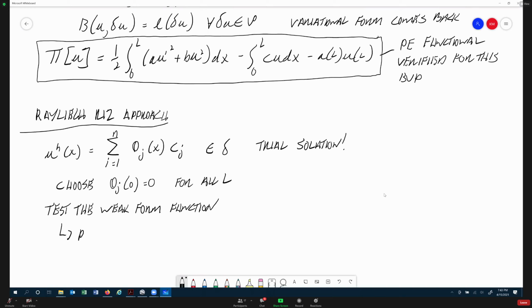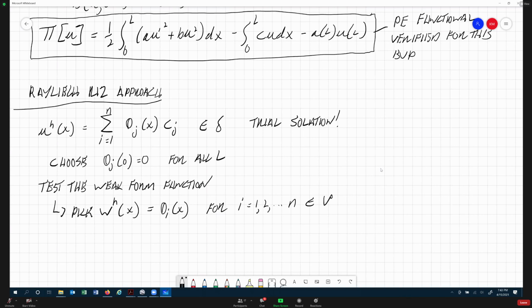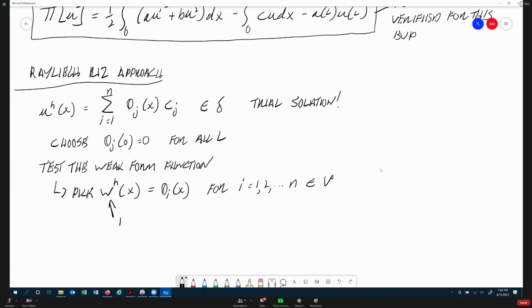Okay. So pick w_h(x) to be equal to phi_i(x) for i equal to 1 to n, for everything contained in this V space. This w is a test function.